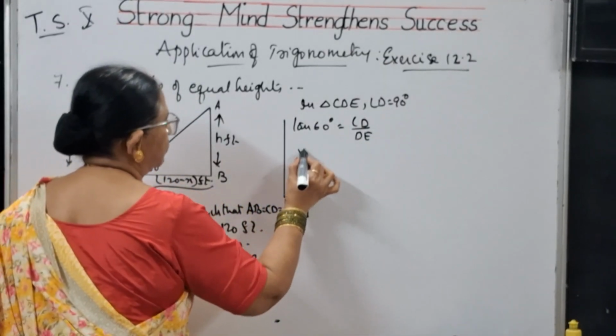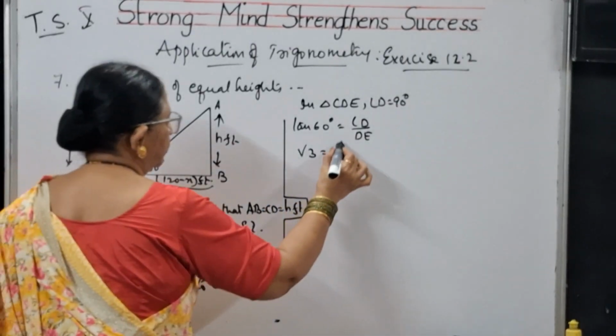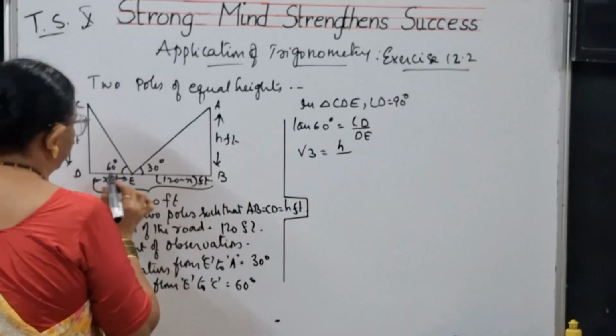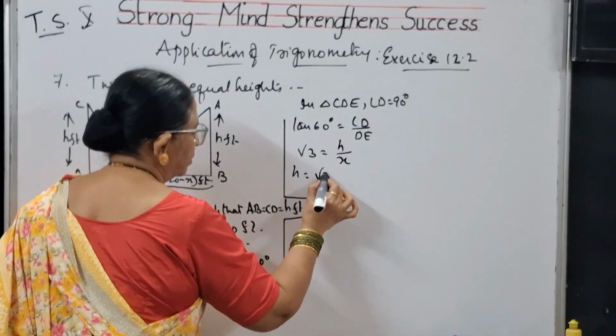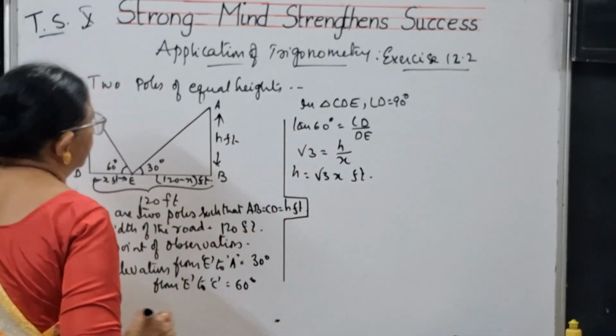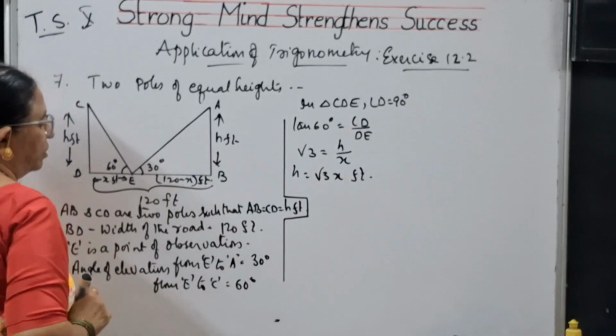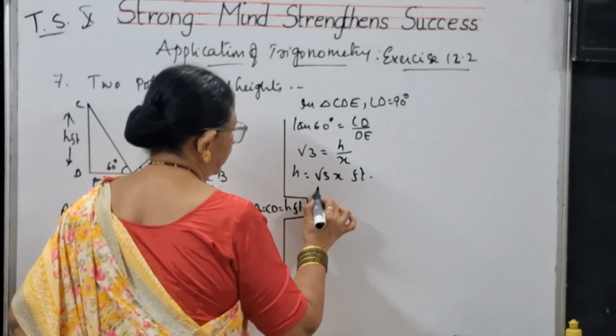Tan 60 is root 3, equal to CD, which is H, by DE, which is x. So H is equal to root 3 x feet. Now let us see the other triangle.